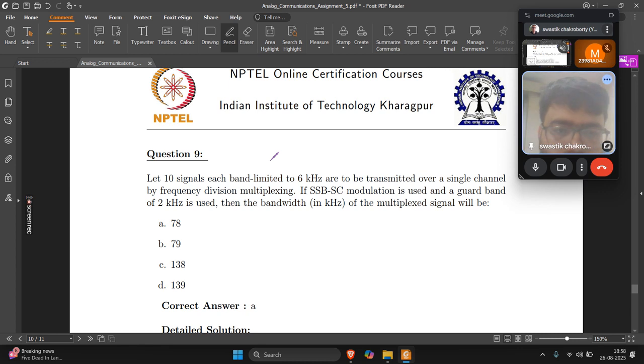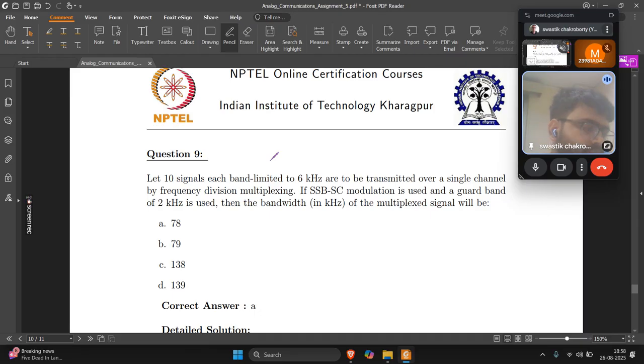So what is the bandwidth of the multiplex signal? We have to find the bandwidth of the SSB-SC signal. Then we have to add 10 SSB-SC signal bandwidths and 9 guard bands.